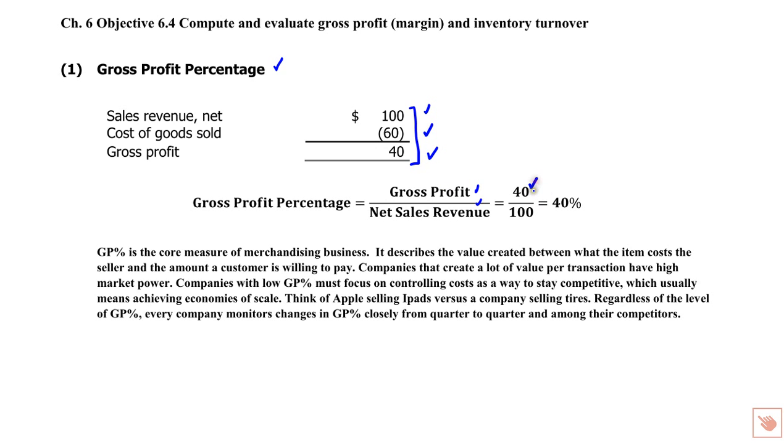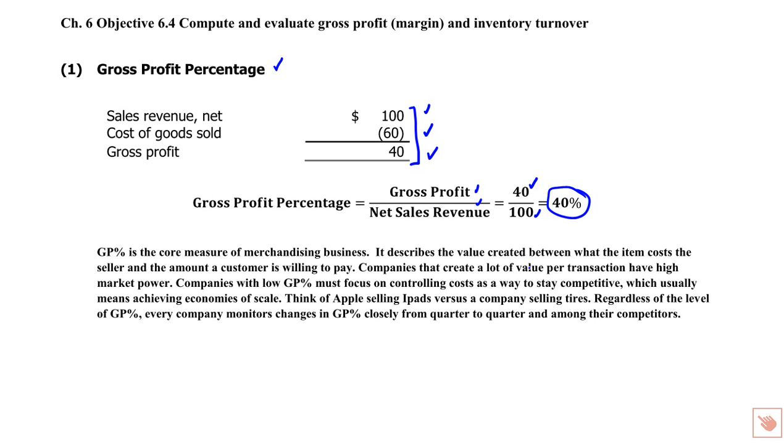So if you have $40 of gross profit, $100 in net sales, that's a 40% margin. Now this is a super important percentage. Companies that are merchandising companies follow this very closely. They follow their competitors' gross profit percentages very closely.